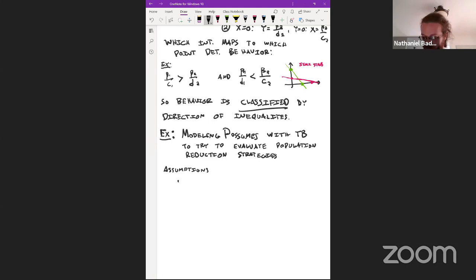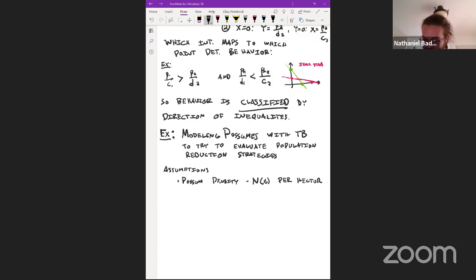So first, possum density is going to be given per hectare. So basically the number of possums per hectare.